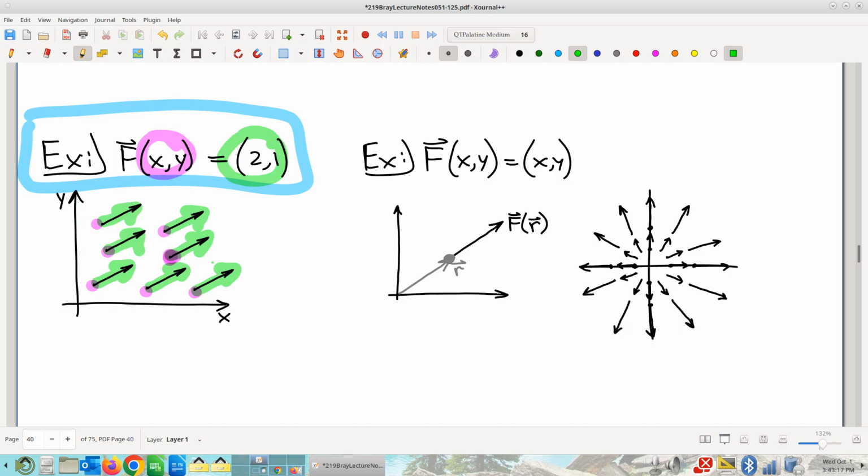If I did this for every point, then the entire picture would just be a muddy mess, and I wouldn't be able to learn anything or see anything from that. So if you want to have a good picture of a vector field, you want to draw enough field vectors at enough points that it conjures an image, but not so many that it creates confusion. So there's sort of a compromise.